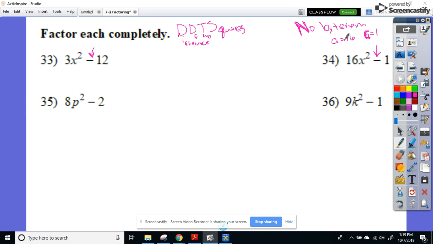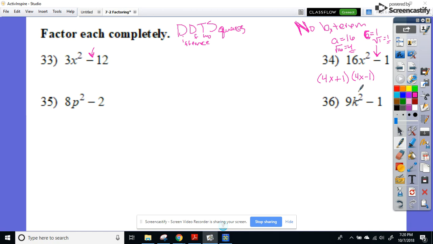The square root of 16 is 4. The square root of 1 is 1. And these numbers are going to be 1 positive 1, and 1 negative 1.